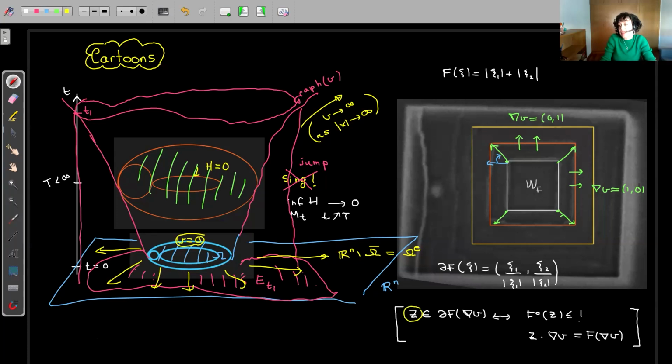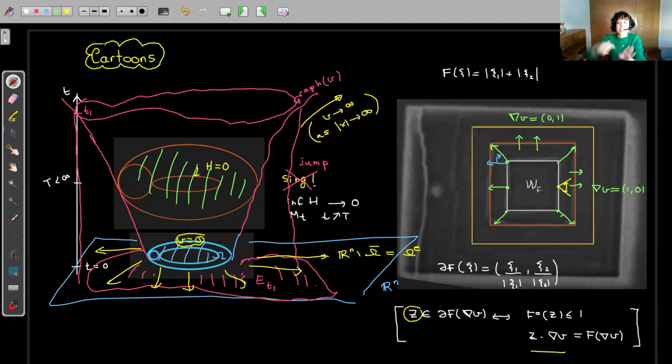But you have lots of choices because this condition here is only telling you that the first coordinate of z, for instance, in these points, is 1, and for the second one, you have a choice between all the slopes between -1 and 1. So which one are you choosing? Well, actually, the right choice is to have a continuous interpolation between this vector and the ones in the corners with two goals.